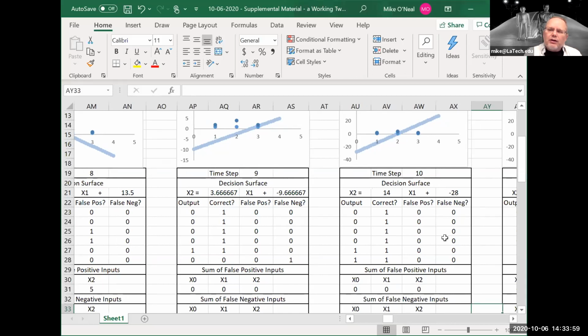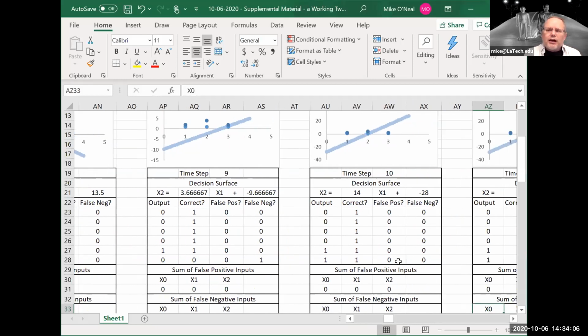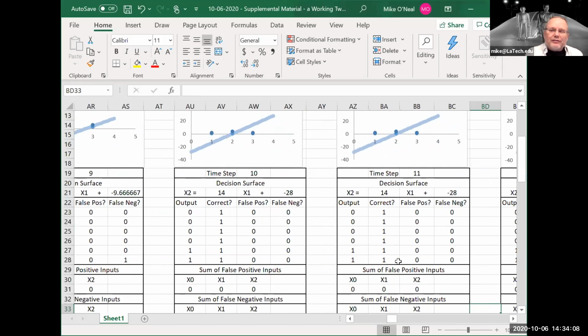After step 9, however, if I look at steps 10 and beyond, everything is correct. Once everything is correct, nothing changes. Now, this line is not exactly the same line that we had before.